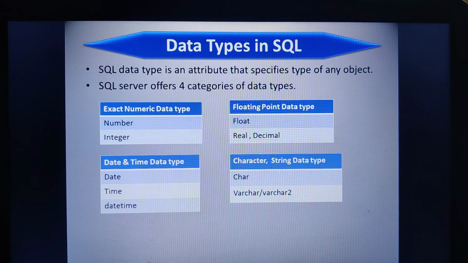Suppose, for example, employee ID A100: A is the alphabet, 100 is numeric. If I have to store the data in alphanumeric format, then I can go for varchar, which is nothing but variable character, varchar or varchar2.